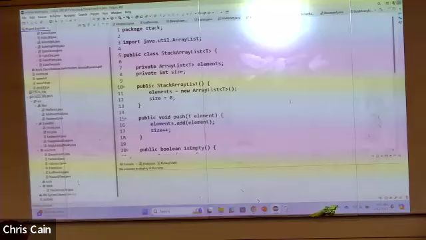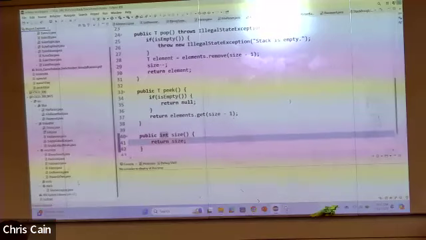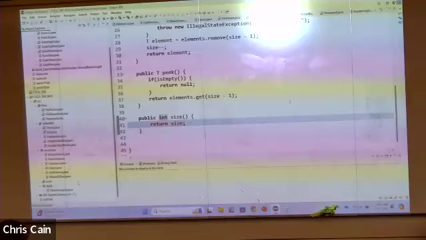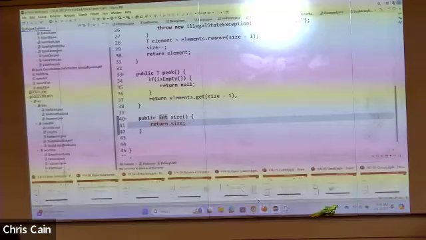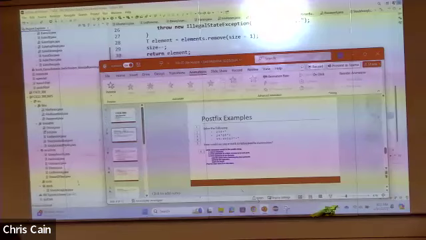So we fully implemented our array list based stack by the end of last class. Did anyone have any questions about this implementation? All right, so we're going to explore some kinds of problems that we can solve with stacks.